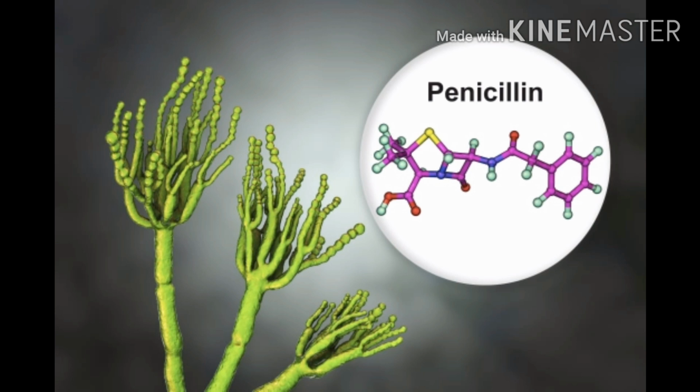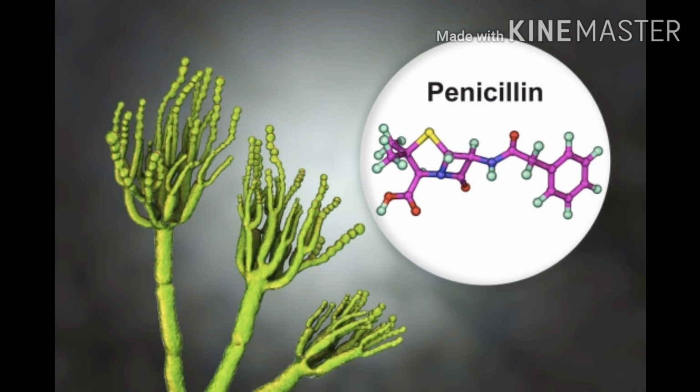When he studied further, he found that the fungus was Penicillium, and because of the secretion of this penicillin, the bacterial colonies were destroyed. And then he made the antibiotic penicillin. So, students, we should be very grateful to such a great scientist Alexander Fleming for discovering this life saving antibiotic.